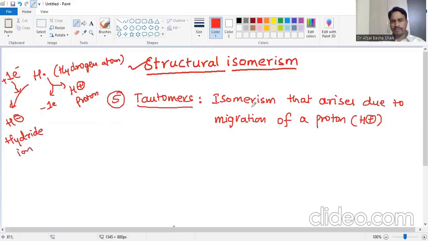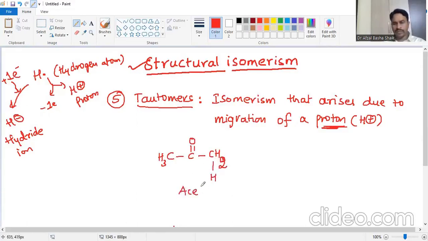In tautomerism, this is the isomerism that arises due to migration of a proton, right? So one of the classical examples is, I'll write the acetone molecule like this. So this is the acetone molecule, and it is the keto form.